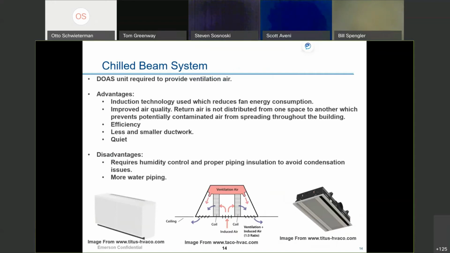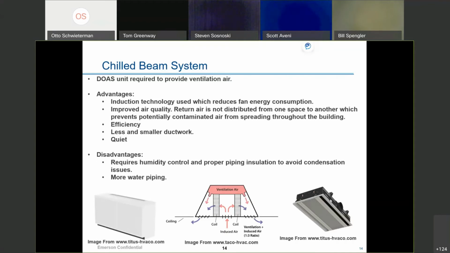You're going to have your outside air, and the difference in temperature in that beam is going to allow you to move more air than what's just brought in through the outside air. So let's say we have this 1:3 ventilation to induced air ratio. That means if you bring in 100 CFM of outside air into that space, you can actually supply 300 CFM of air out of this beam through induction.